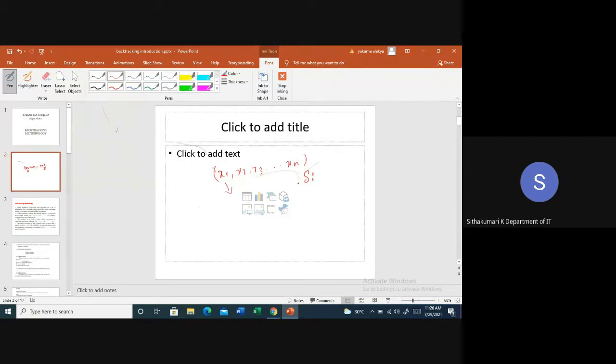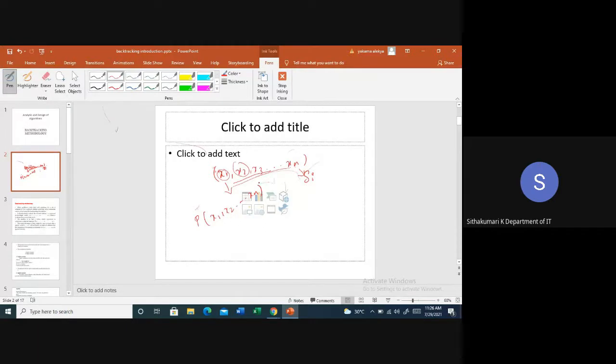The problems which we are solving, we want to find a solution vector which maximizes or minimizes the criteria function P of x1, x2 up to xn. The solution will be expressed as x1, x2 up to xn, and each xi value will be chosen from the finite set Si.